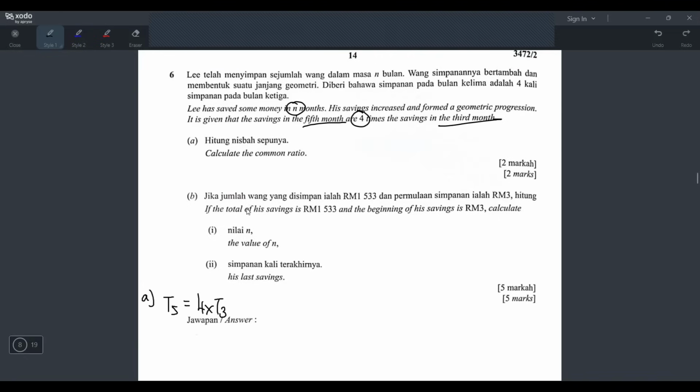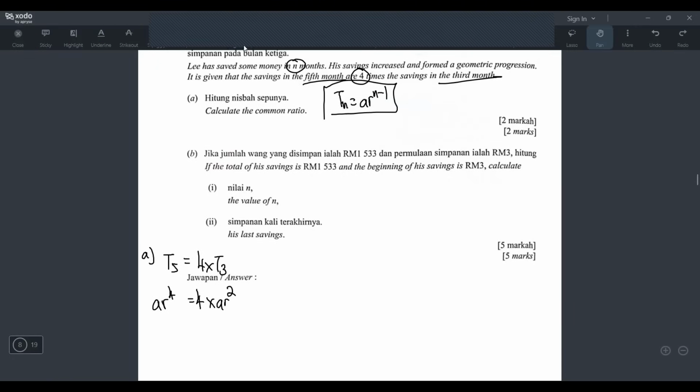We already know the R is 2. How come I know straight away? It's because they say his savings increase and form a geometric progression, right? We don't know the first term, we don't know the second term, but T5 is the same as AR power 4, and T3 is the same as AR power 2, because the Tn formula for geometric is AR power n minus 1.